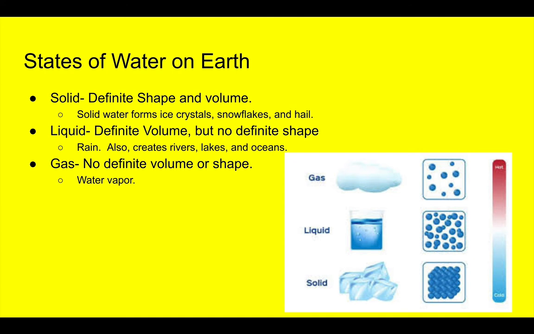In gas, again, no definite shape, no definite volume, so it will take the shape of whatever container it's in, and it'll continue to expand. An example of this would be water vapor, which is the water that is in the air.